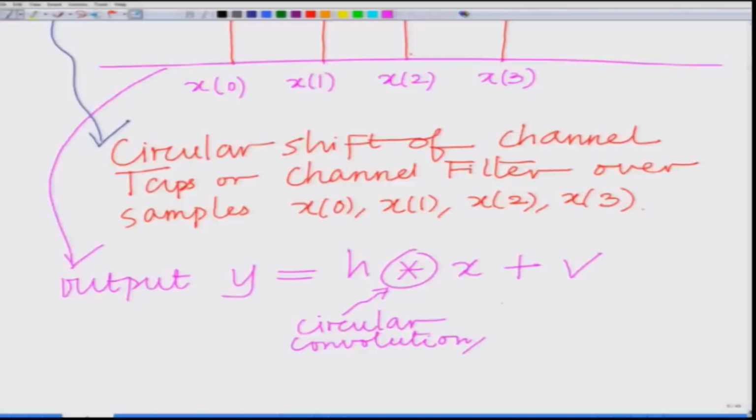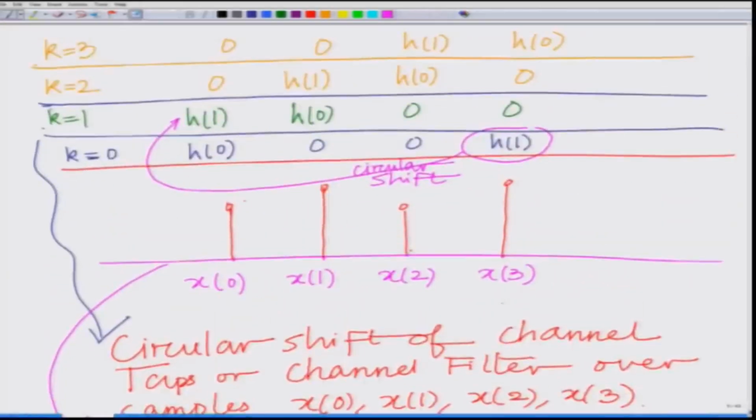Because of the addition of the cyclic prefix, the action of the channel filter on the input symbols is such that at every point in time you are circularly shifting the channel filter. H0 is first to the left, H1 to the right, and in the next step H1 has circularly shifted to the left and H0 to the right. With every time instant they shift one step to the right, and when they reach the end they circularly shift back to the beginning, and that is the very definition of a circular convolution.